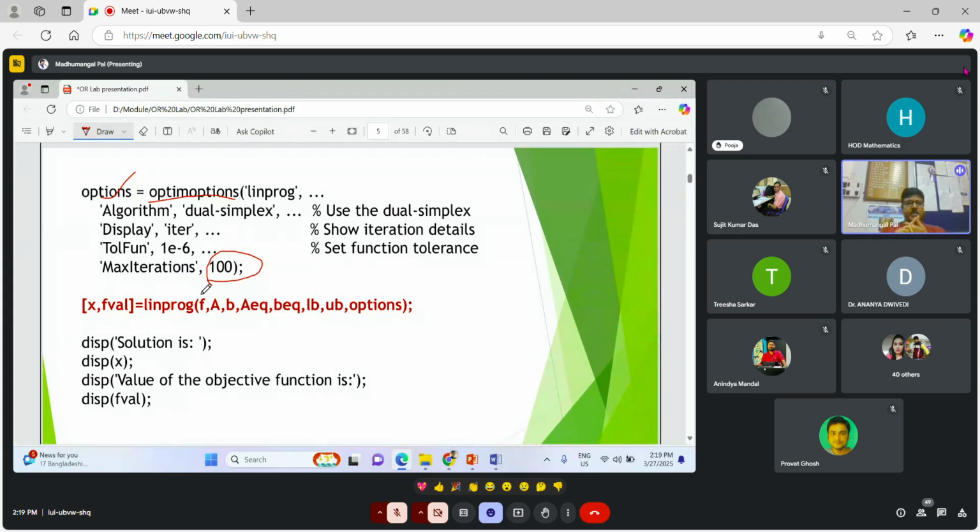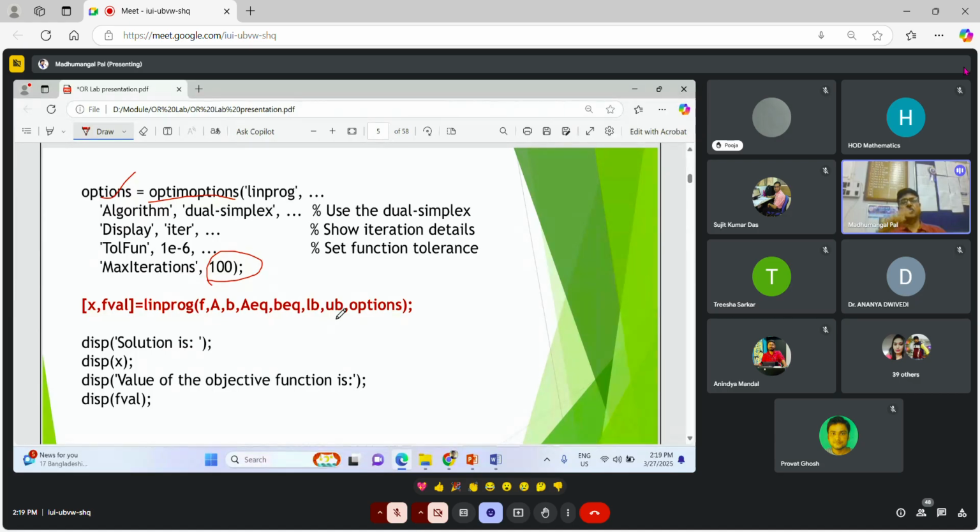Then A is the matrix corresponding to the inequality constraints. b is the right hand side vector for the inequality constraints. Aeq is the matrix for the equality constraints. beq is the right hand side vector for the equality constraints. lb is the lower bound of the variables.